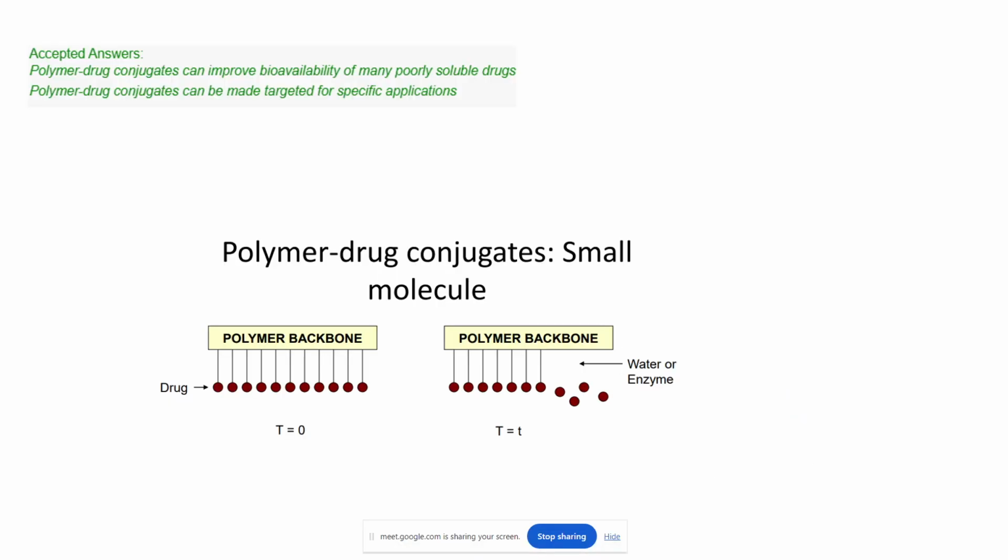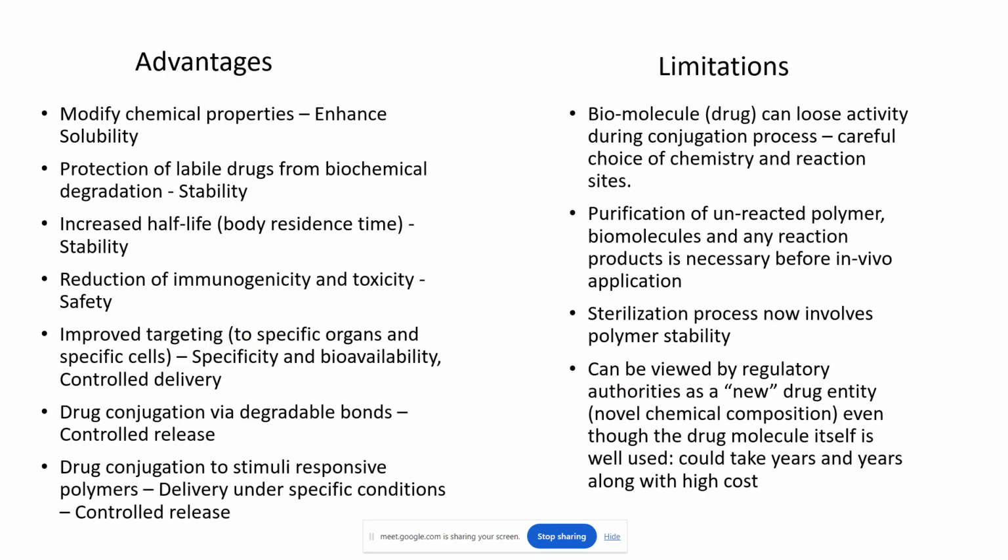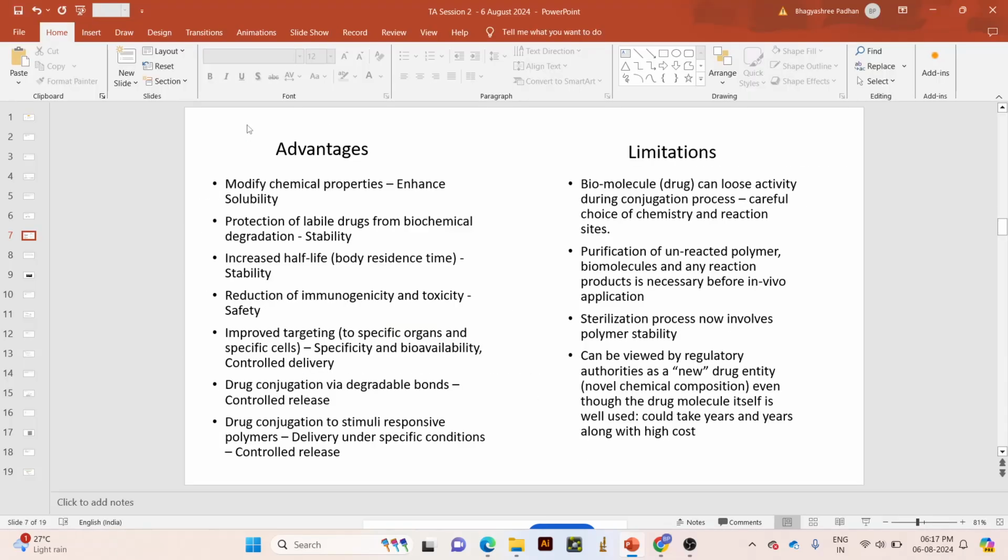And there are several methods of this conjugation, but we'll only discuss the advantages and limitations. So if you look at the advantages, it modifies the chemical properties to enhance the solubility, and it protects labile drugs from biochemical degradation, that is, it provides stability.